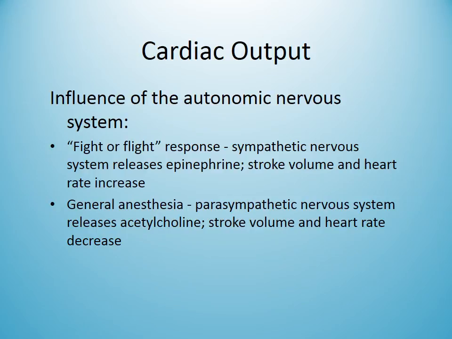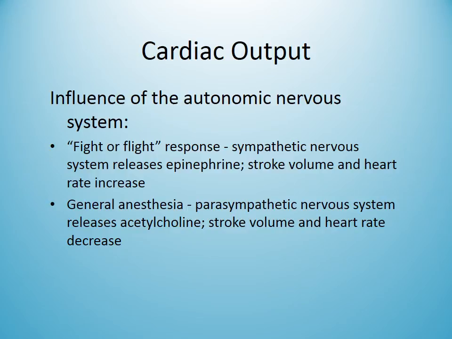It's also influenced by the autonomic nervous system. So fight or flight response, the sympathetic nervous system releases epinephrine. Okay, so it's like adrenaline. And the stroke volume and the heart rate increases during fight or flight. So I keep using the reference of a dinosaur busting into my room right now. My sympathetic nervous system would kick in and I would go in fight or flight response.